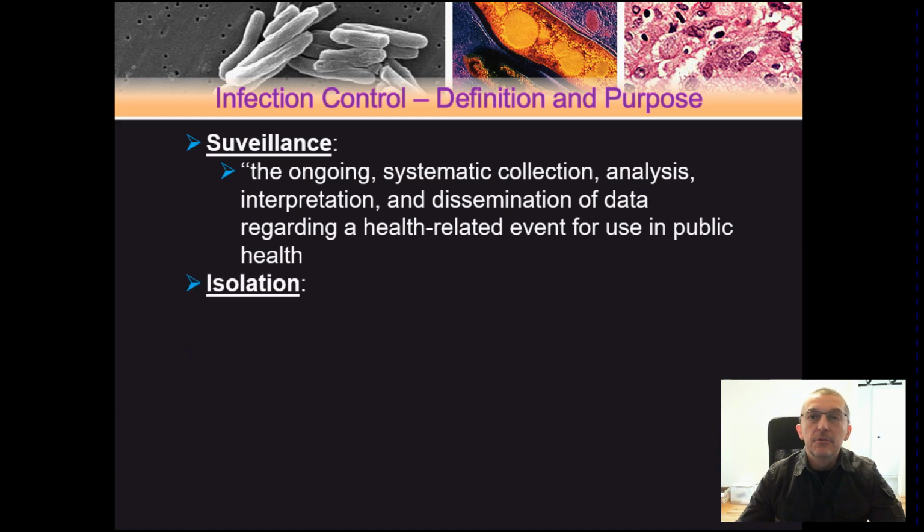Isolation is intended to minimize the spread of infection associated with healthcare and to avoid direct contact with patient's blood, bodily fluids, etc., paying attention to the universal precautions and bloodborne pathogen standards.